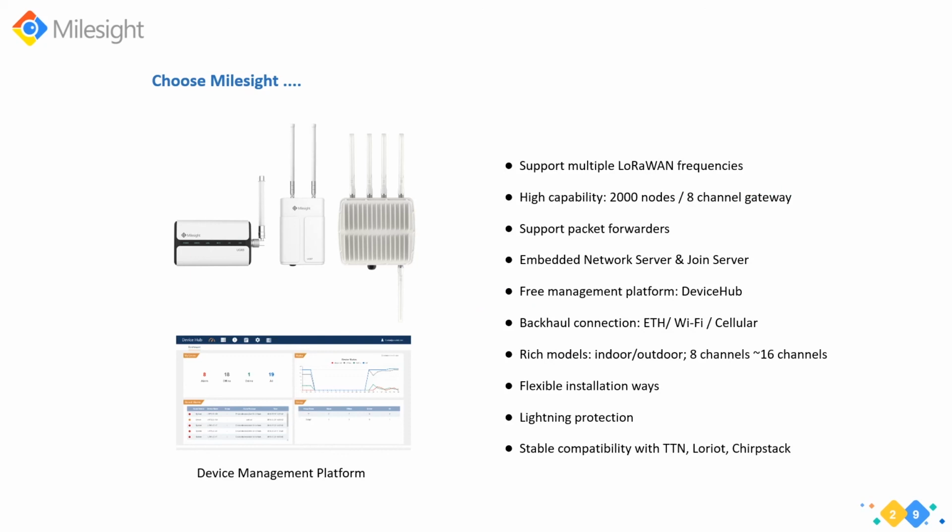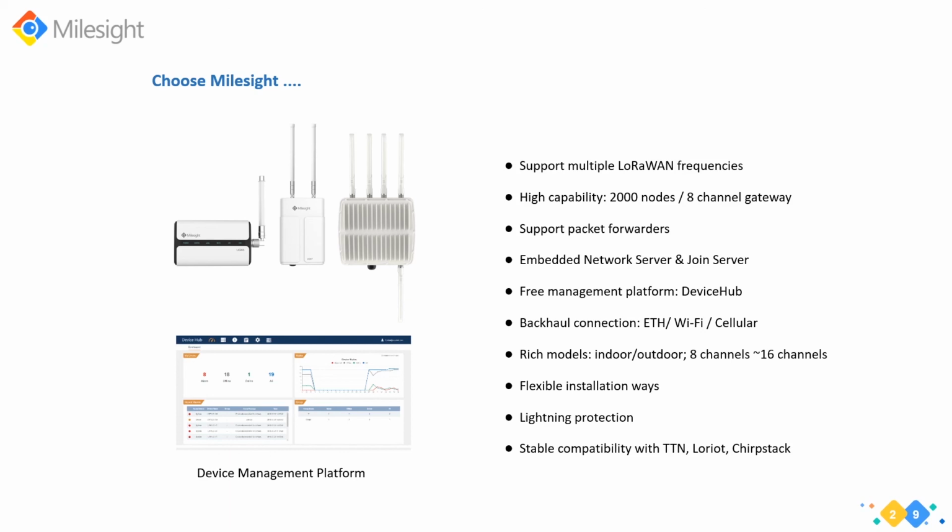So you can find either this indoor version or outdoor version at a most competitive price. And also you can save time and trouble by working directly with our embedded network server and join server if you just need one unit of the gateway in a project.